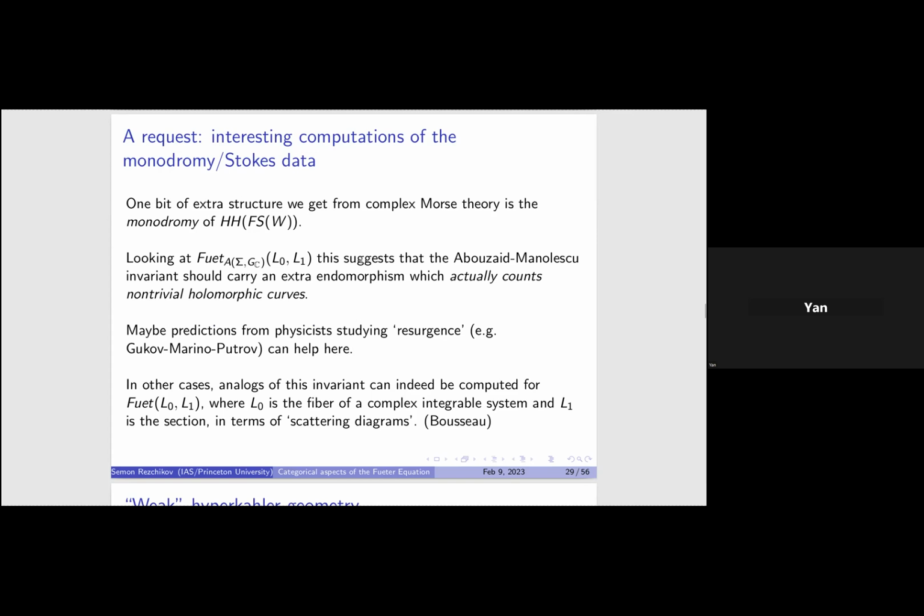You can work with local data, then incorporate indeed these Stokes indices, at least in the Morse case. Otherwise, it's a perverse sheaf of vanishing cycles. But this is the beginning, because in this algebra of the infrared story, you have critical points, and then they start to interact with each other by computing these gradient lines, and so on.